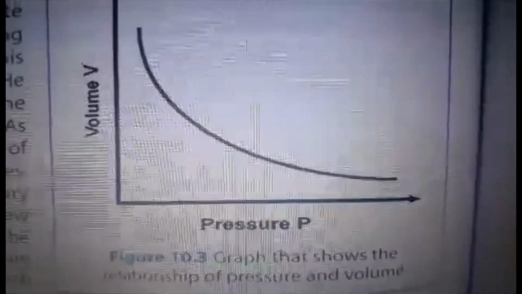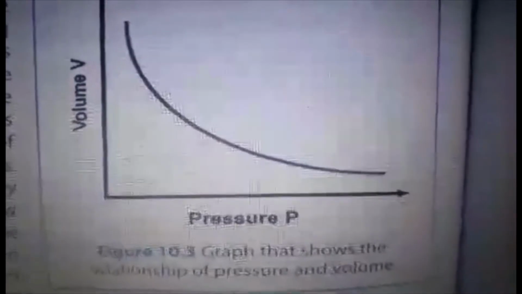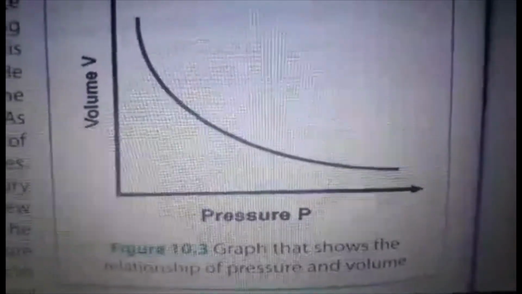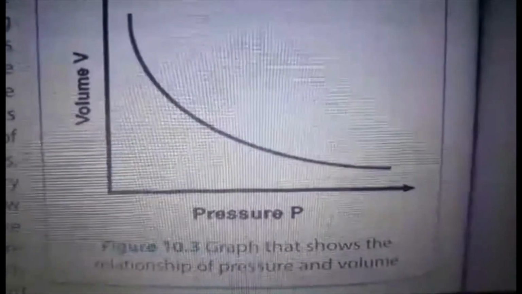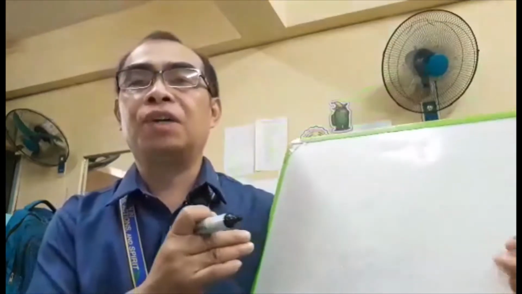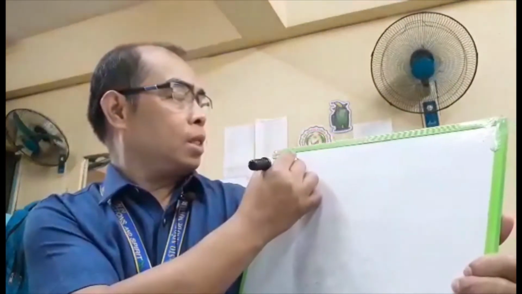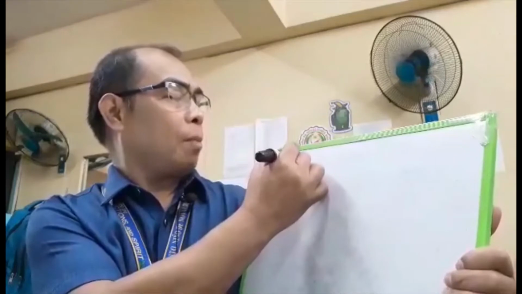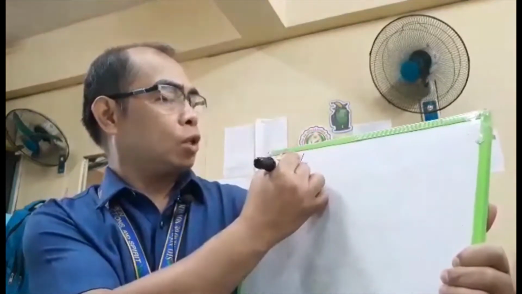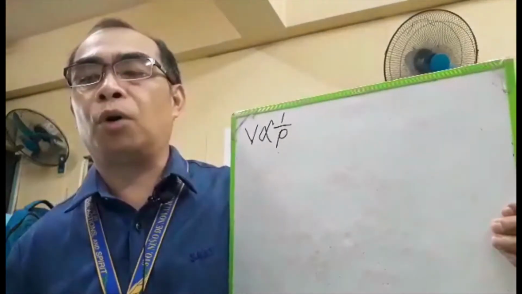So, I'd like to present to you now the relationship of the volume and pressure when it comes to solving a word problem related to Boyle's law. Here is the mathematical expression of the inverse relationship of pressure and volume. Volume at constant temperature is inversely proportional to pressure. That is the mathematical expression of Boyle's law.